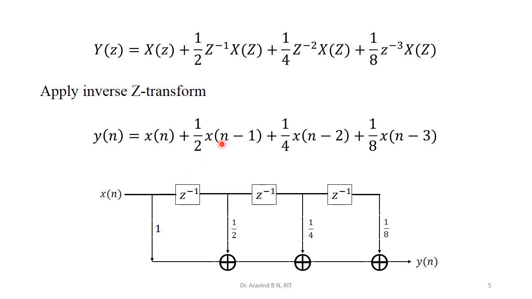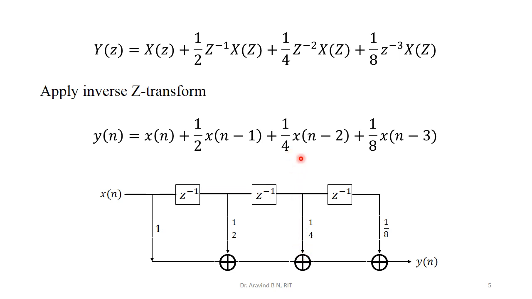Then x of n delayed by 1, x of n minus 1, must be multiplied with 1 by 2. So that is taken over here. Add these two components. So that has been added with an adder over here. In continuation, 1 by 4 x of n minus 2. So one more delay element is added. It has become x of n minus 2. Multiply that with 1 by 4.